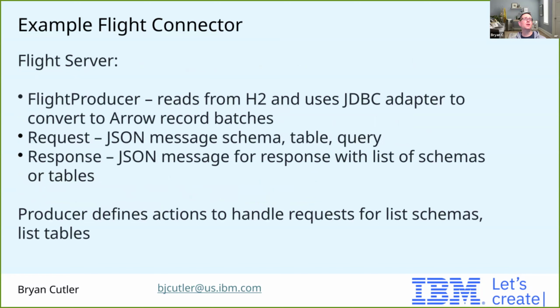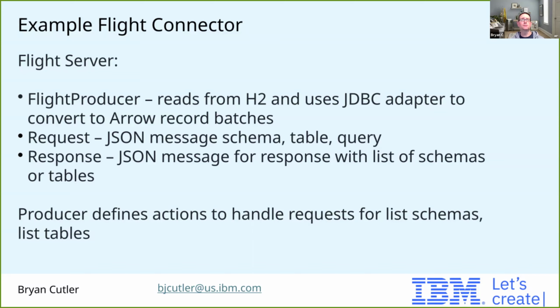So now I'll go over an example. Hopefully that'll make some of these interactions a little more clear. This example is part of the Java code base, within the tests.